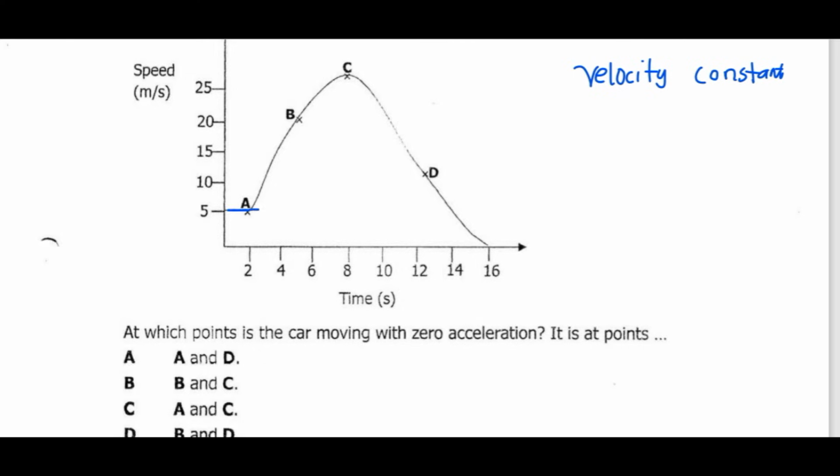So here we have a constant velocity. So if we have a constant velocity here, then the acceleration will be 0. Then where else? At this point, we have also a constant velocity. So even the acceleration will be 0. So the answer is A and C.